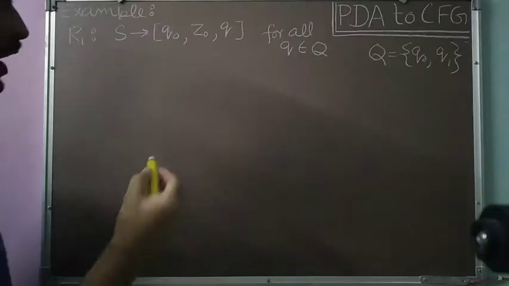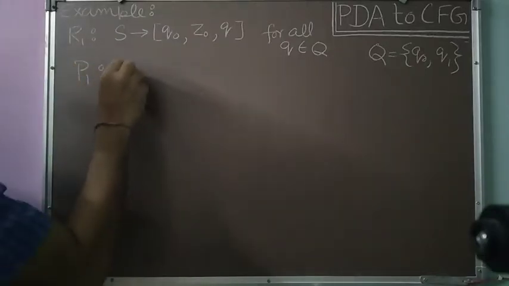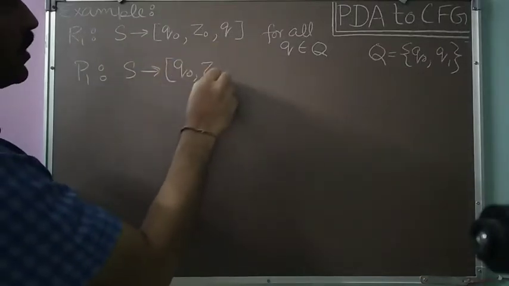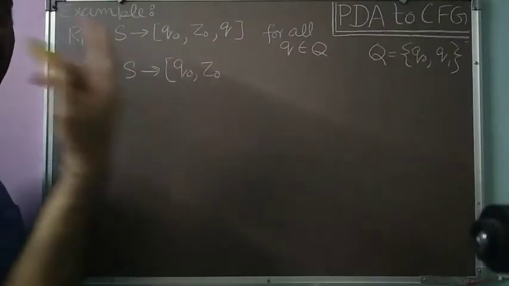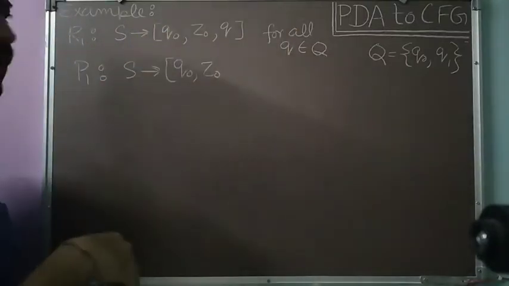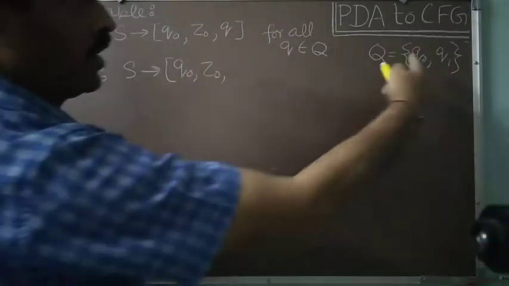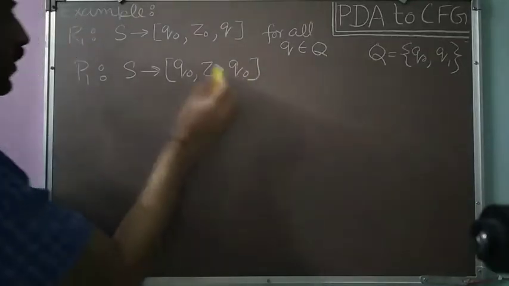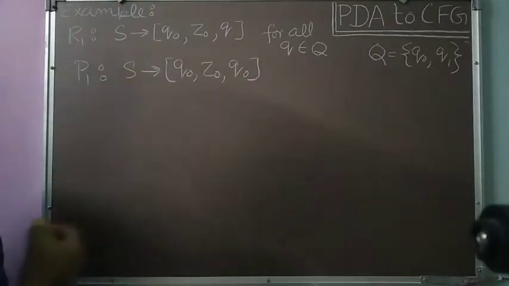I will write these productions number-wise. Production 1 will be S → [q0, Z0, ...]. This part is fixed: q0 is the start state, and Z0 is the initial pushdown store symbol in our PDA. Now for this q, I can take 2 different values, either q0 or q1. Once I take q0, I get the first production, P1: S → [q0, Z0, q0].